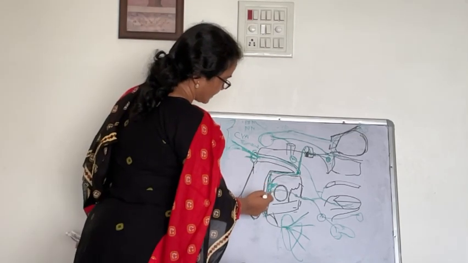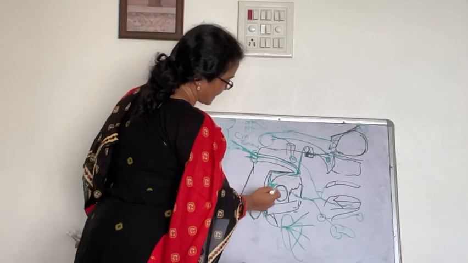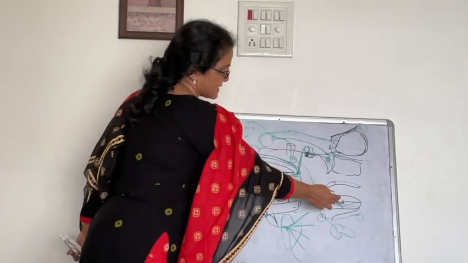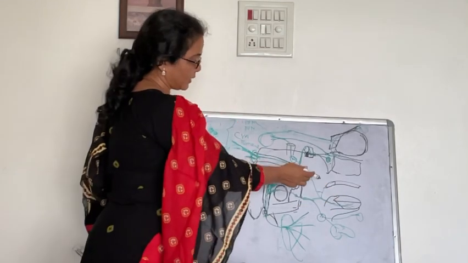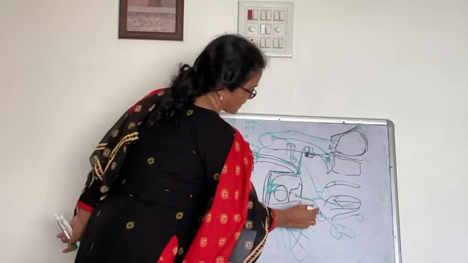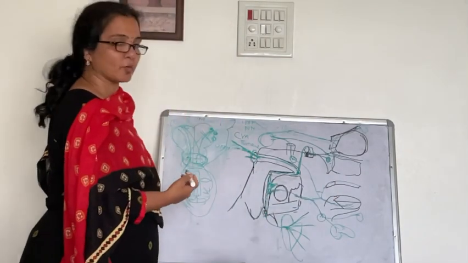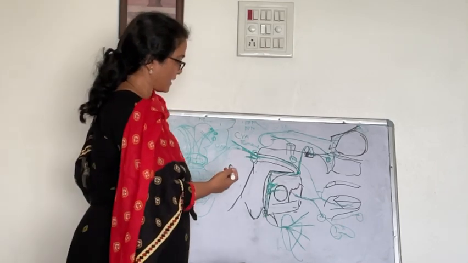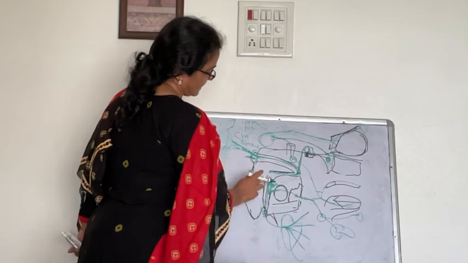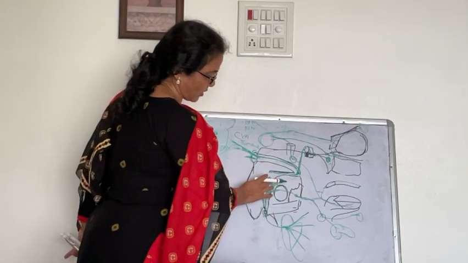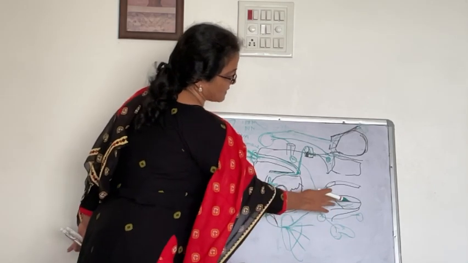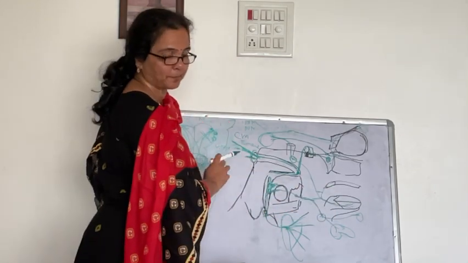Then going downward, there is another branch called the chorda tympani, which carries taste sensations from the anterior two-thirds of the tongue, as well as secretomotor fibers to the sublingual and submandibular salivary glands. If the injury occurs at this level, there will be hyperacusis, and the chorda tympani also gets injured, so there is absence of salivation and taste sensation is hampered.